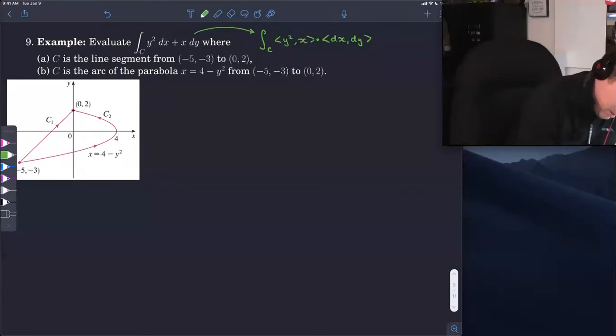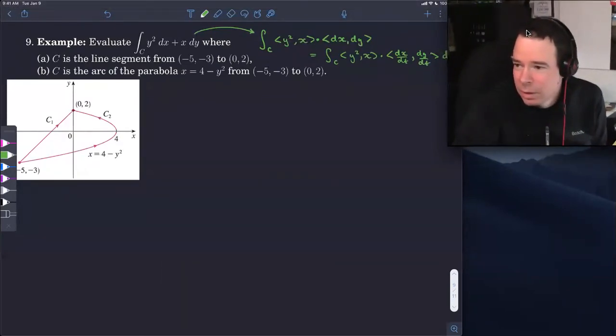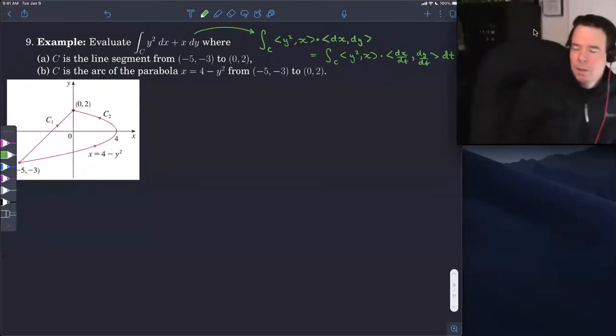And that we could write as the integral of c of y squared x dot dx dt dy dt, and then I'll put the dt on the outside, which you can't see because I'm hiding in front of it. There we go.